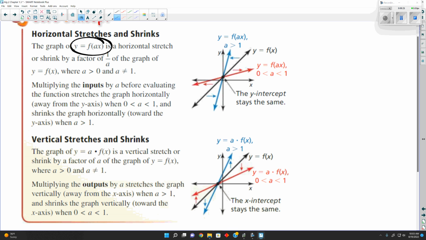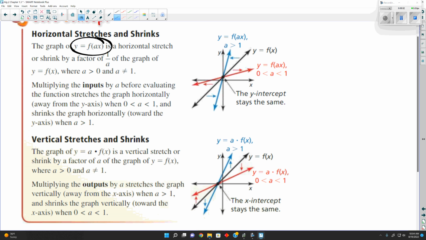And whatever value they give us, we have to flip it. So if they tell us that the value of the stretch or shrink is 4, when we plug it in, it's actually 1 over that. Or if they give us 1/2, then we have to flip it to 2. Because a horizontal stretch or shrink is by a factor of 1 over a, where a is whatever the value is. So we're just flipping it.